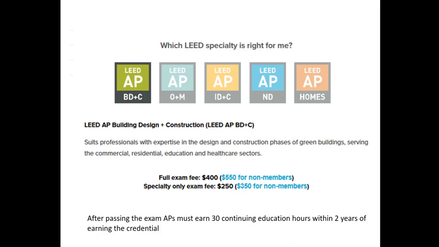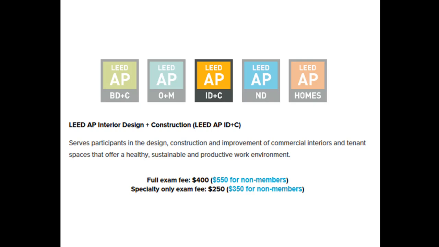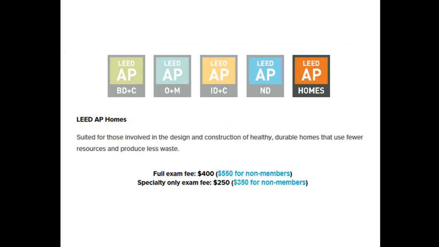If you see LEED AP, that means that they're specialized in things like building design and construction, and operations and maintenance, O&M, and interior design and construction, ID+C. And if you're LEED AP ND, it's neighborhood development, and then homes.